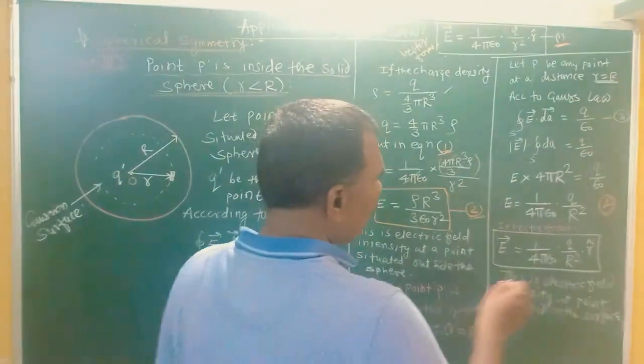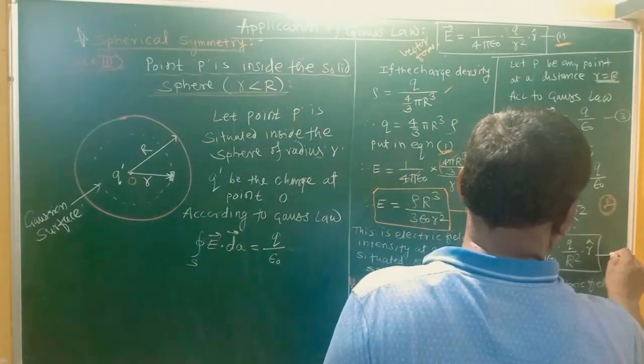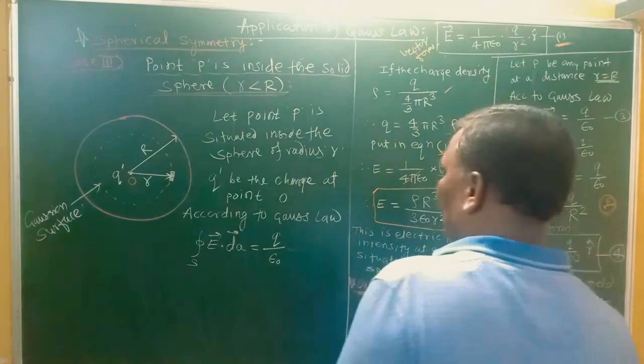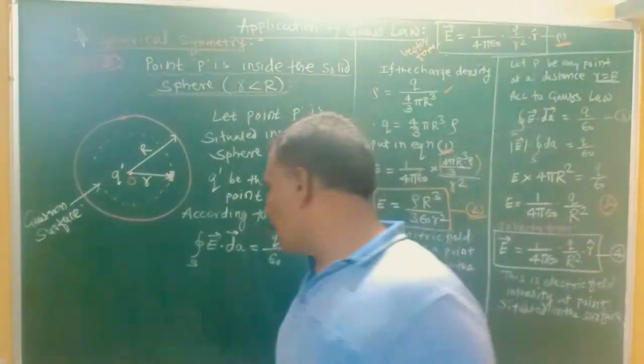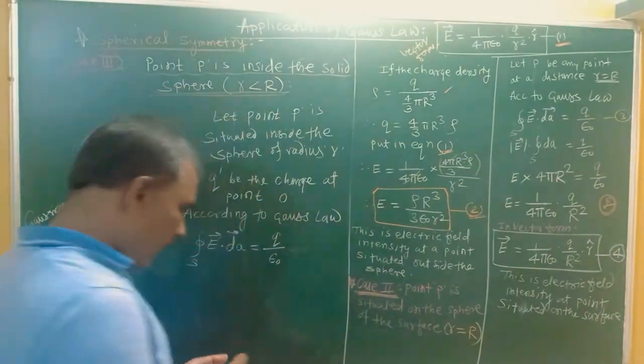Equation 2, this is 3, this one is equation number 4. Again we consider the surface integration of E bar dot dA bar is equal to Q upon epsilon 0.